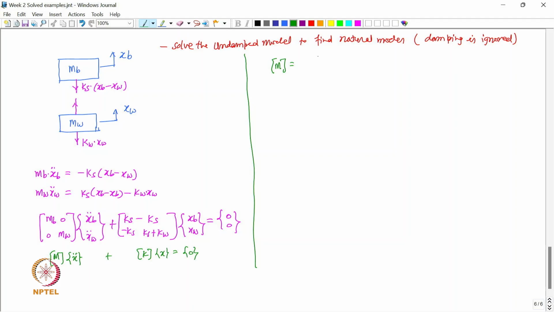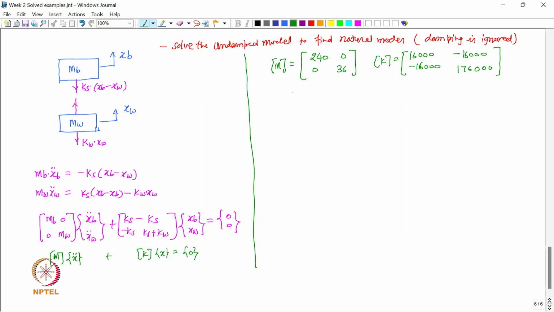The mass matrix has 240 and 36 on the diagonal, and the stiffness matrix K has 16,000, minus 16,000, and 176,000. Now we can solve for the eigenvalues and eigenvectors.